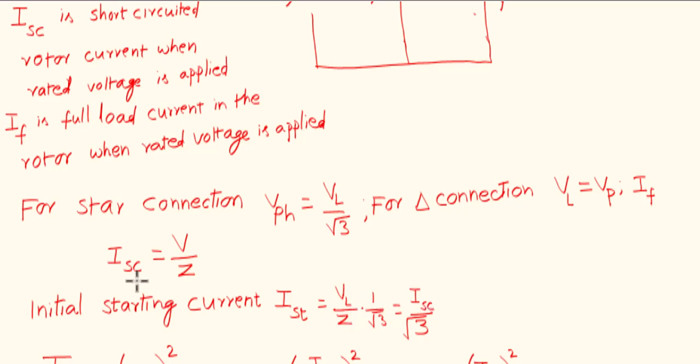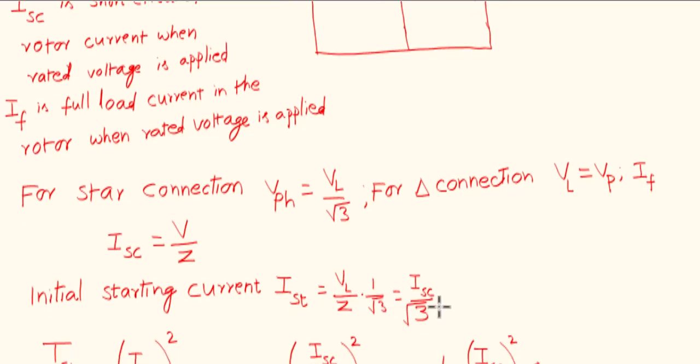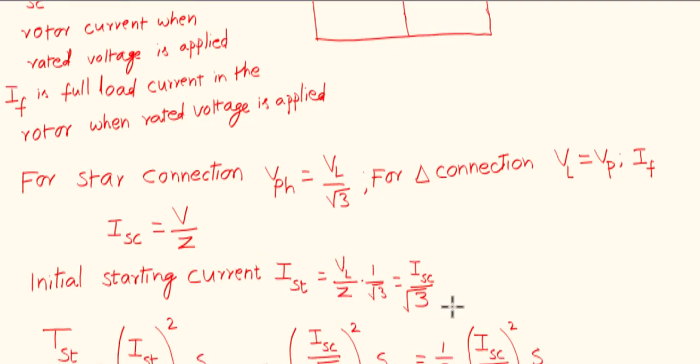VL by Z becomes ISC, and the 1 by root 3 remains, so ISC by root 3. That is, when the stator winding of the squirrel cage induction motor is connected in the star form, the initial starting current is given by ISC by root 3.